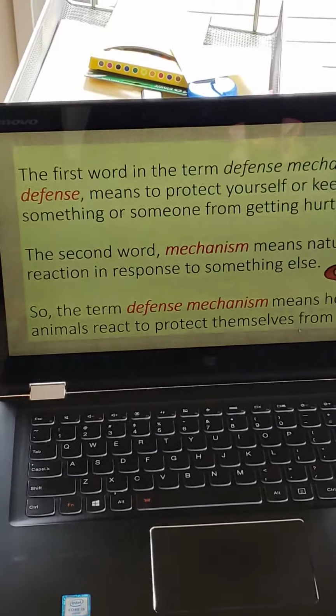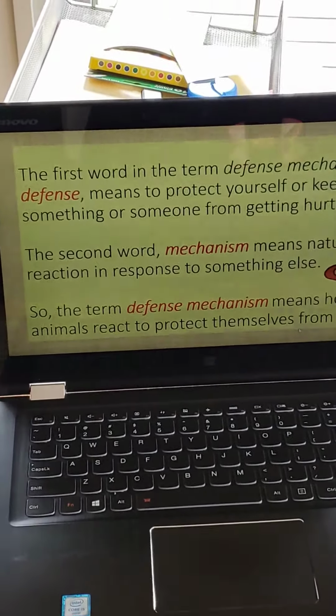It gives such a bad taste in their mouth that the animal, the lizard, for example, will never ever eat that ladybug again. So that's just a simple example of a natural animal defense mechanism that a ladybug would have. It's trying to survive and keep animals away from it so it doesn't die.